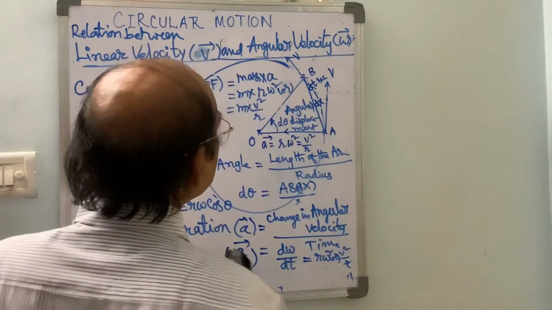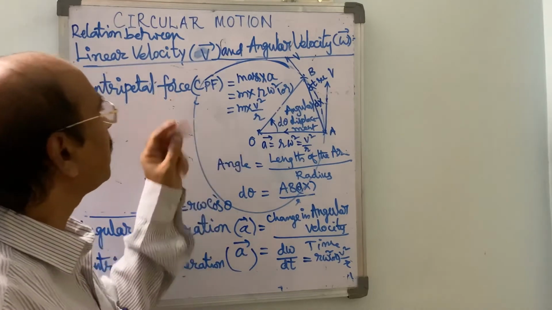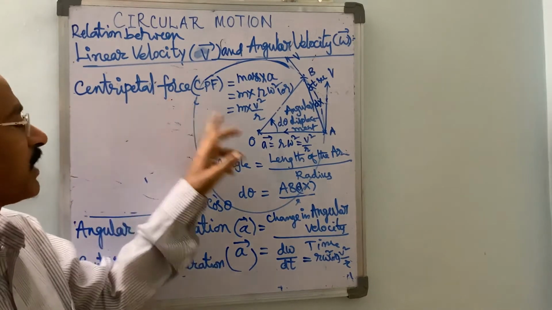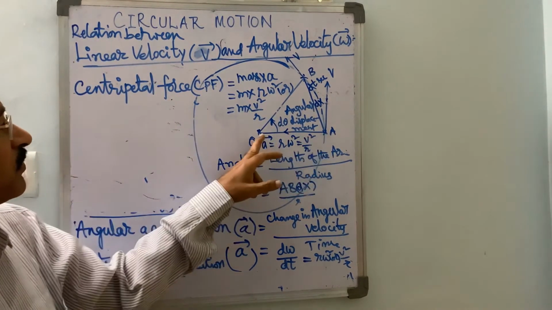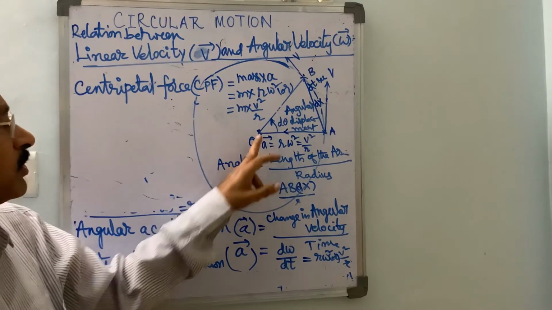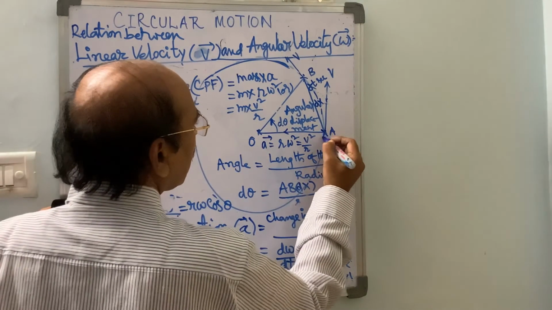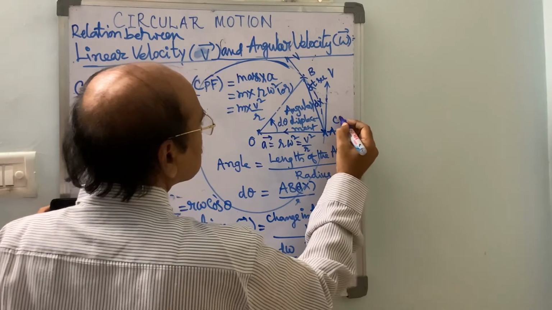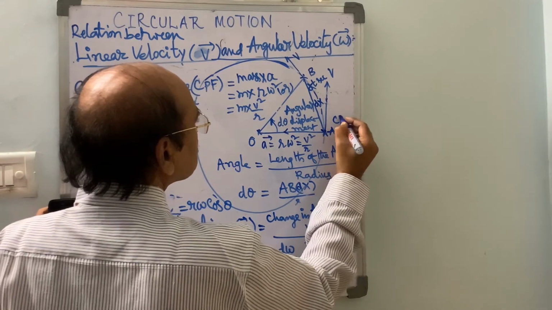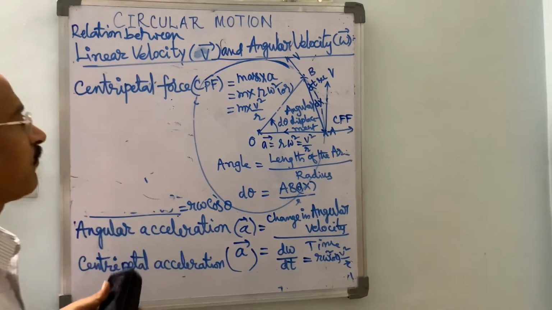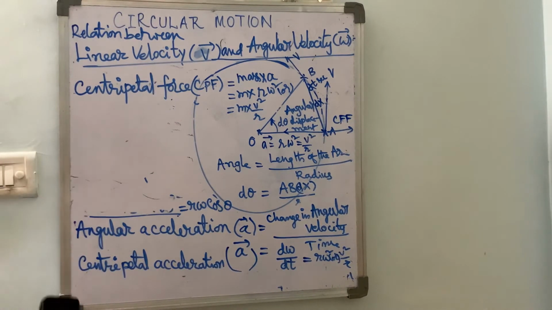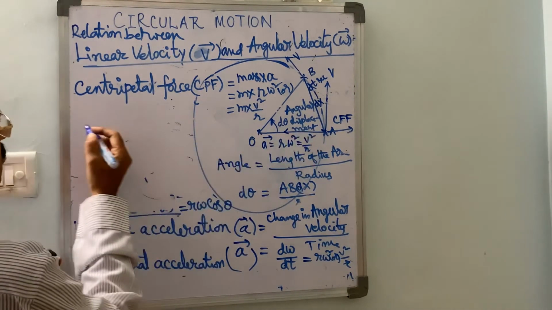And from Newton's third law, to every action there is an equal and opposite reaction. When the centripetal force acts towards the center O, then at the same time, in the opposite direction, some centrifugal force is acting as the reaction force.